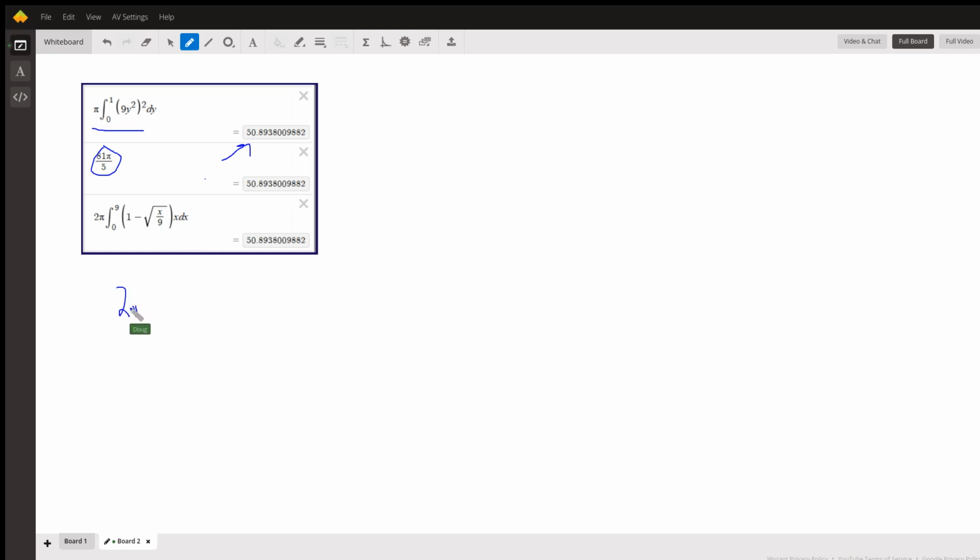If you were going to actually evaluate that second one, you'd probably go like this: 1 minus square root of 1/9 is 1/3. Write the square root of x as x to the 1/2. And then distribute that x. 2 pi integral from 0 to 9 of x minus 1/3 x to the 1/2 times x to the first, which is x to the 3/2.